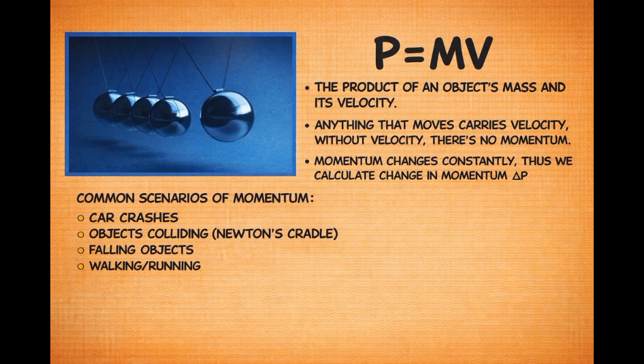If an object is falling, it has a velocity, hence it has a momentum. If a car is crashing, it was moving in the first place, meaning it has a momentum. An object that is colliding is the same as a car crashing. Before it collided, it had a momentum. Even when it's colliding, it has a momentum. Okay, now walking. Every time we are walking, we are running.